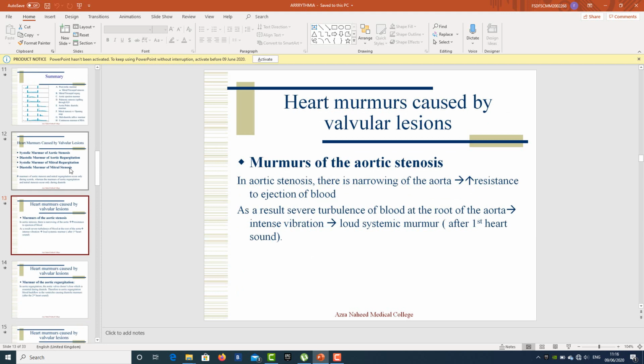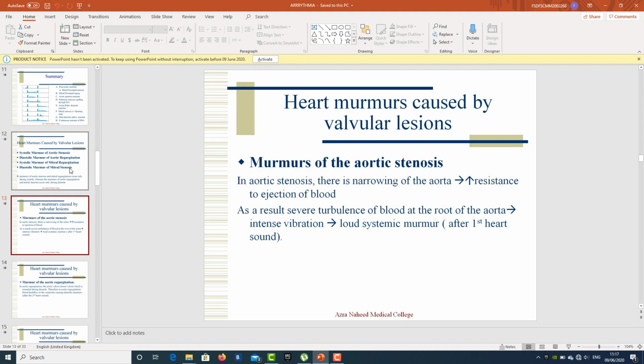Now the heart murmurs caused by the valvular lesions, the murmurs of aortic stenosis. In aortic stenosis, there is narrowing of the aorta, so it leads to increased resistance to ejection of blood. As a result, there is severe turbulence of blood at the root of the aorta.